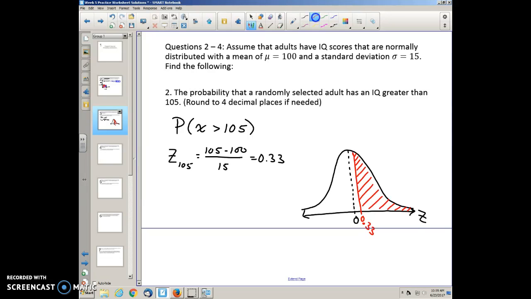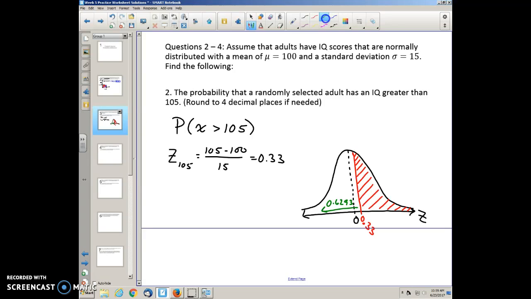Now, if you were going to use the table, it will give you the area to the left of z. So the area to the left of z from the table is 0.6293. That's the area up to a z-score of 0.33.